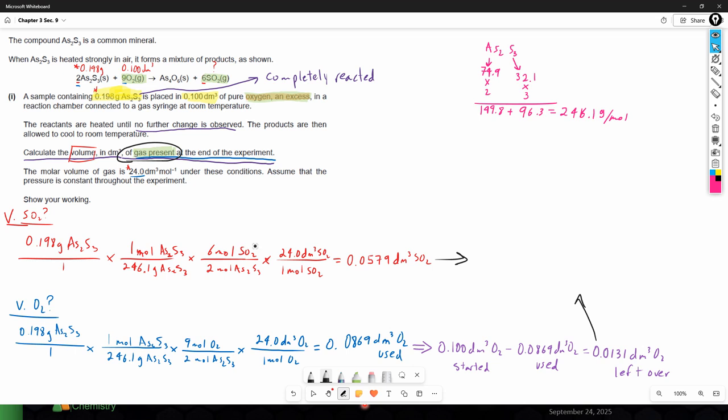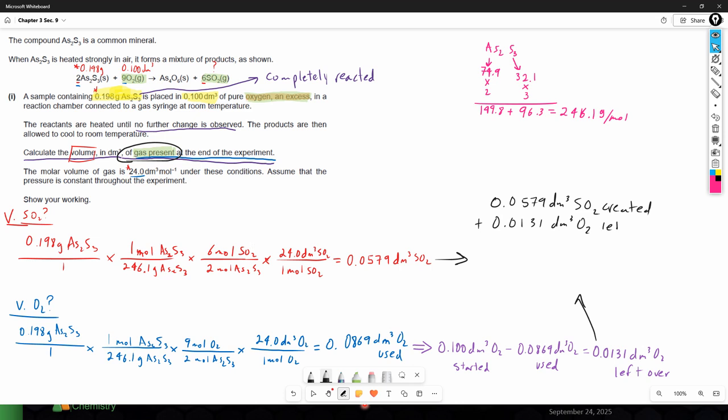We're going to do 0.0579 dm cubed of SO2 plus 0.0131 dm cubed of O2. Again, this is created.